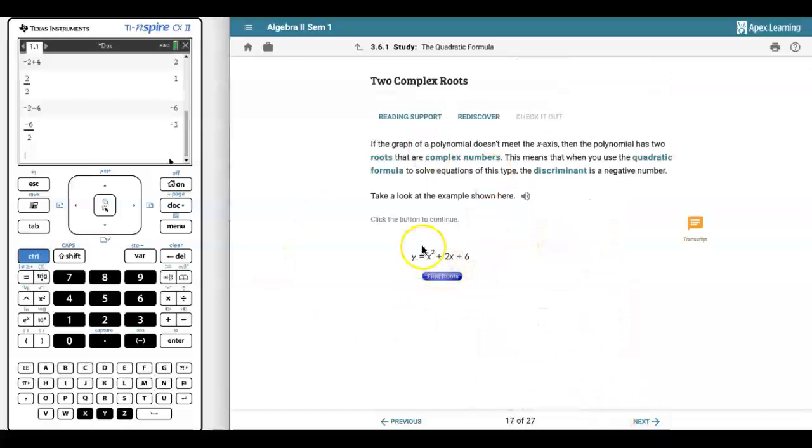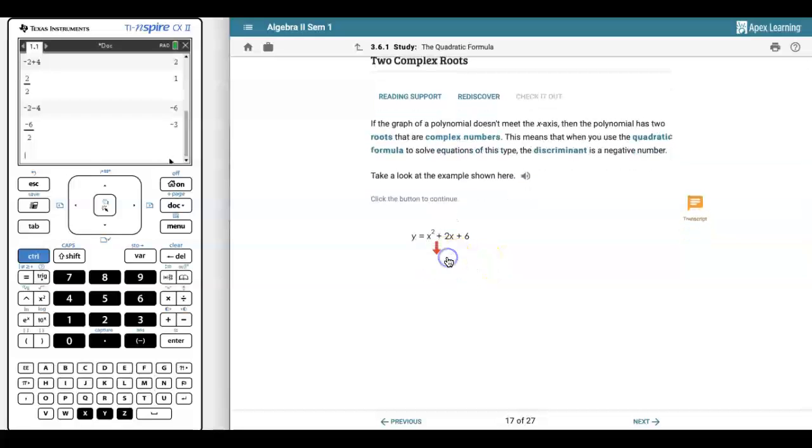For example here, this is showing you if the discriminant is a negative number. I've got A is 1, B is 2, C is 6, because I set that equal to 0. My discriminant ends up being -20, so there are no real roots.